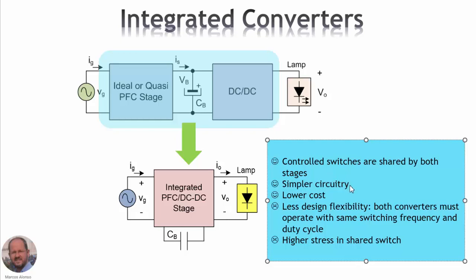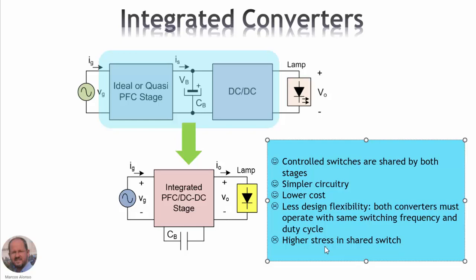With this we can provide simpler circuitry and lower cost, but of course we are going to have less design flexibility because both converters that are integrated must operate with the same switching frequency and duty cycle. So this is one disadvantage. And there is another disadvantage, which is that we are going to have higher voltage and current stress in the shared switch.